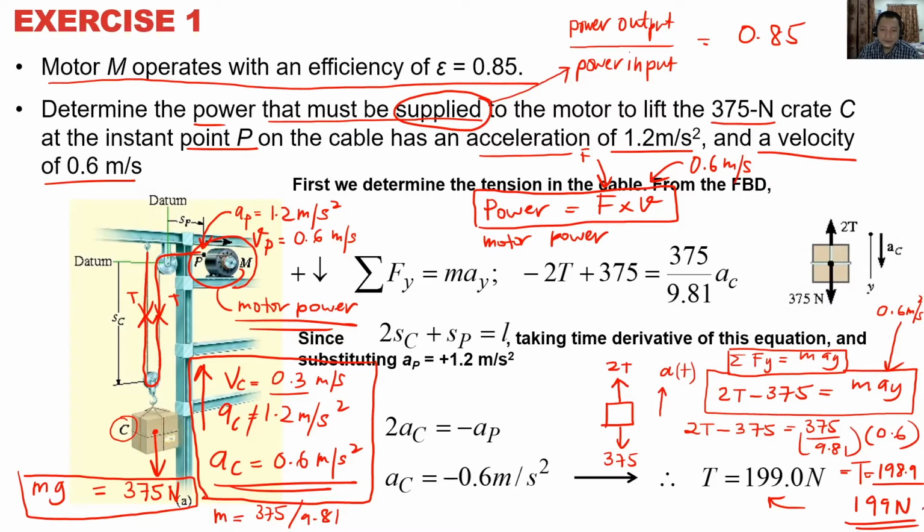Okay, so what do we know? What is the power? Power input. This one we know already, 199. So it's actually 199 times 0.6. What's that? 199 times 0.6 is 119.4 watt.